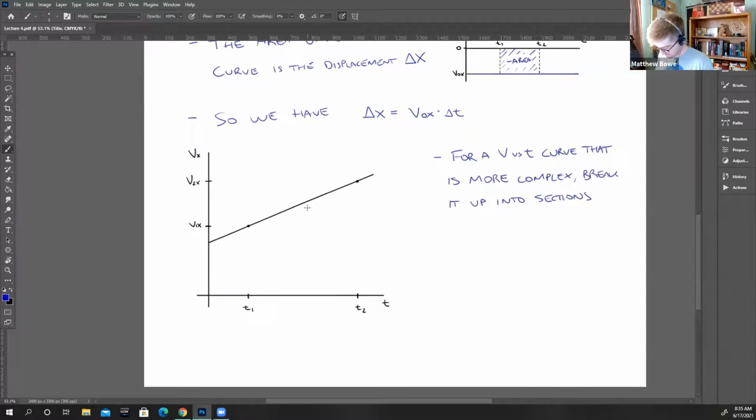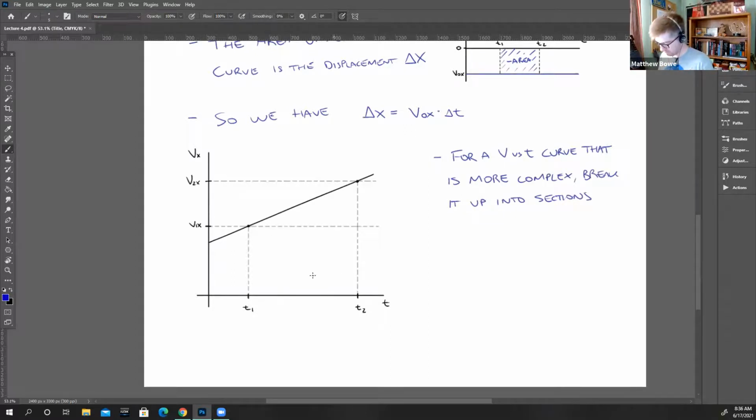Okay, so we have this curve. How can we break it up into manageable sections? Well, I've pre-done some dotted lines to help us out. So from time 1 to time 2, we have this extending up until it hits the slope.